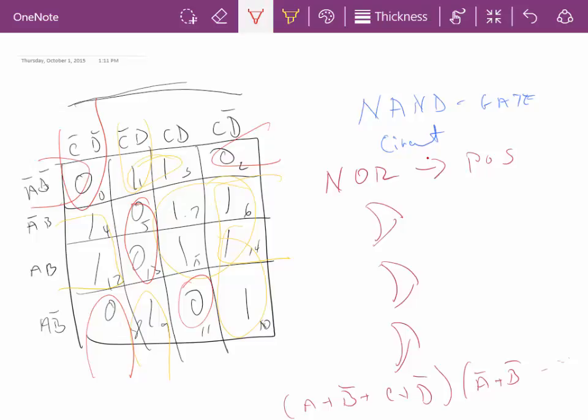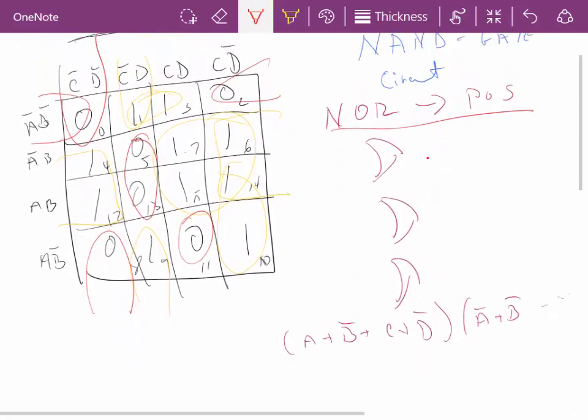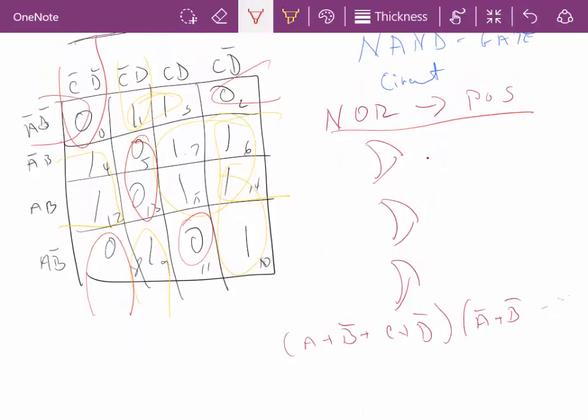So we read, now you've got to follow me, we read the zeros out. If it's going to be a NOR, we have to read the zeros. Let's do the first pair. That looks like it's B naught, C naught, D naught.